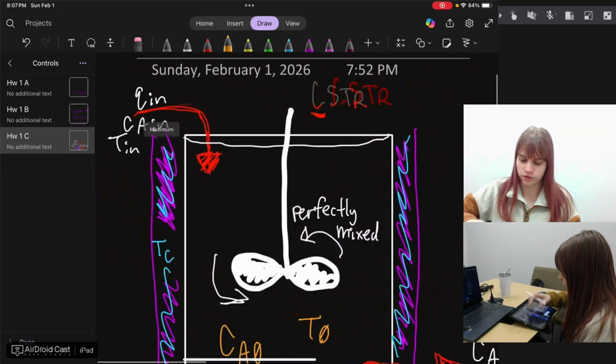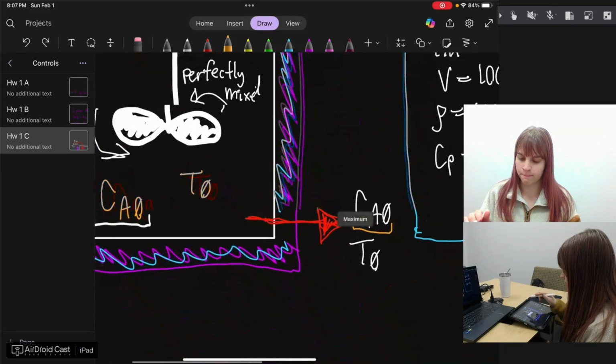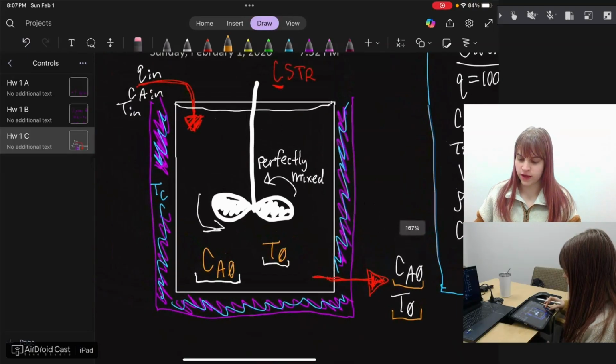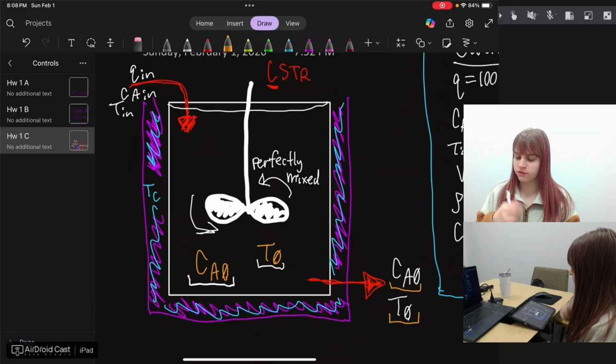These are not equal to the input concentration of A, but they are equal to each other. The same thing goes for the temperature. So the concentration of A and the temperature in the tank are the same as the concentration of A and the temperature of the compound coming out of the tank.